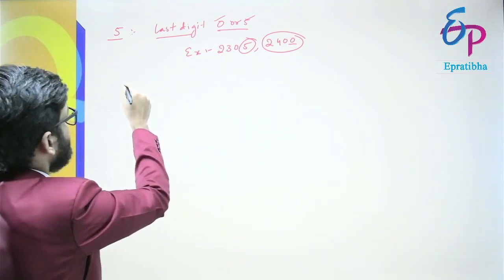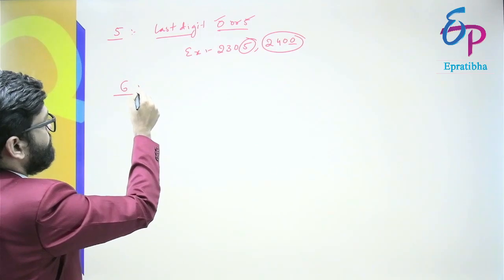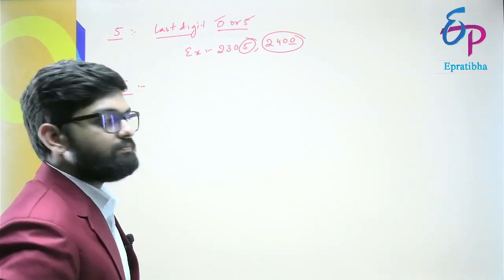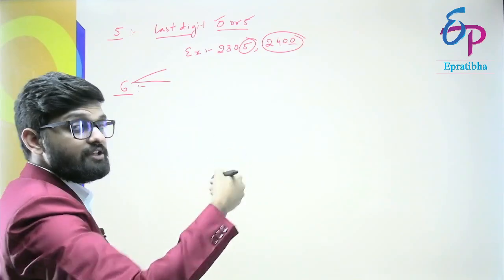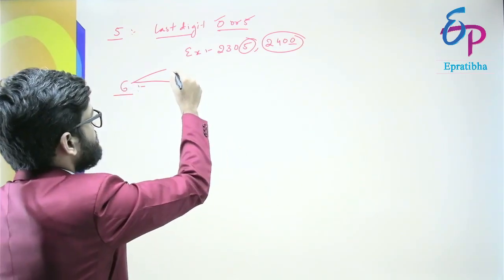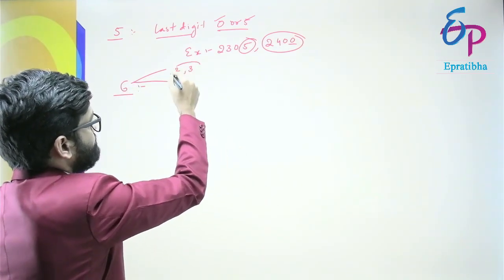How can you tell whether a number is divisible by 6 or not? So 6, what are the prime factors, or the factors which have HCF as 1? 2 and 3.